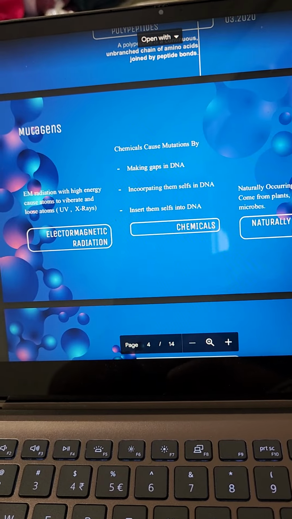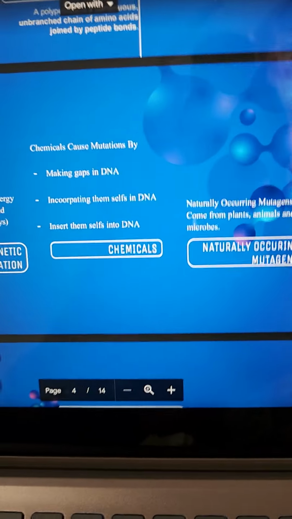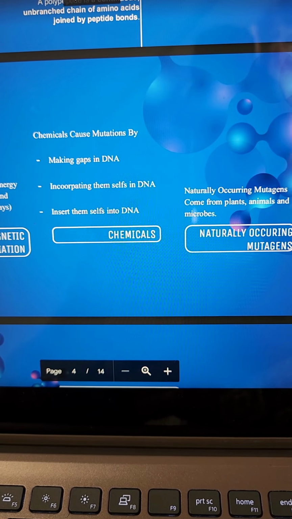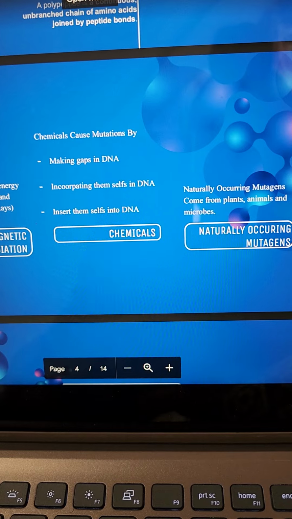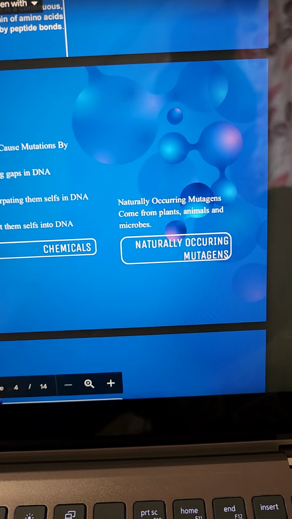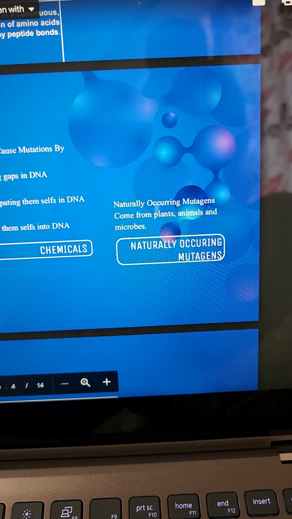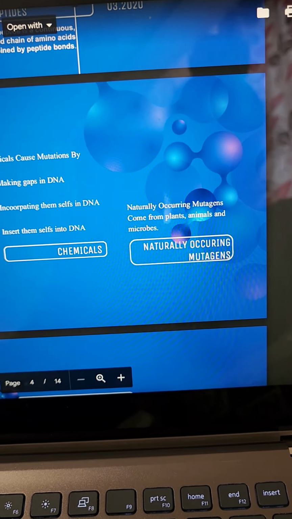These can occur through UV lights and X-rays. Chemicals cause mutations by making gaps in DNA, incorporating themselves in DNA, and inserting themselves into DNA. Naturally occurring mutagens come from plants, animals, and microbes.